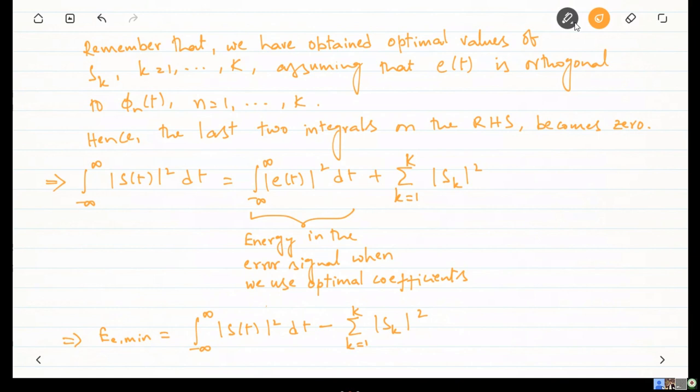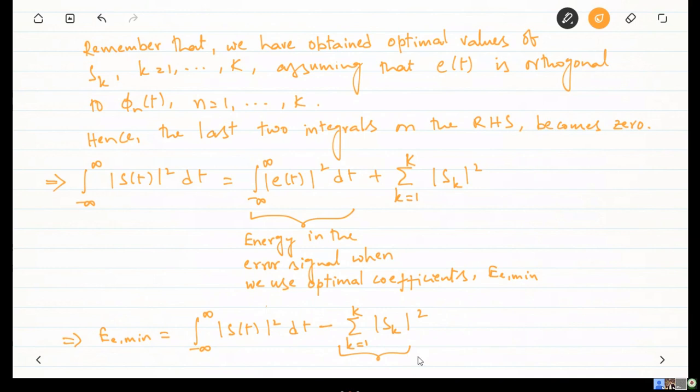Okay. So what is this? Now what is this integral?